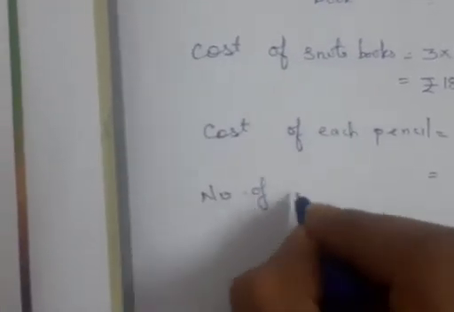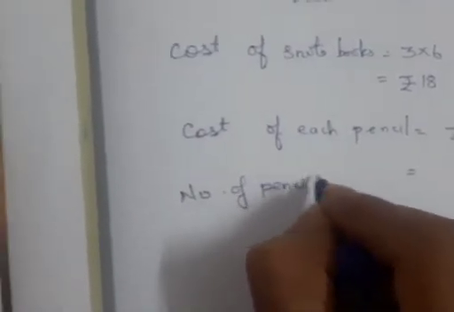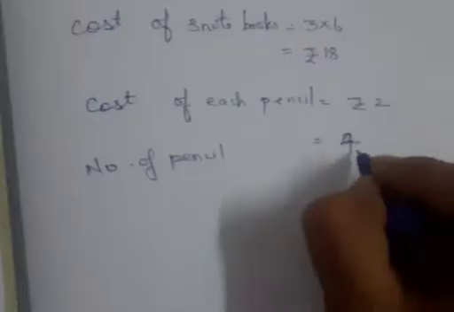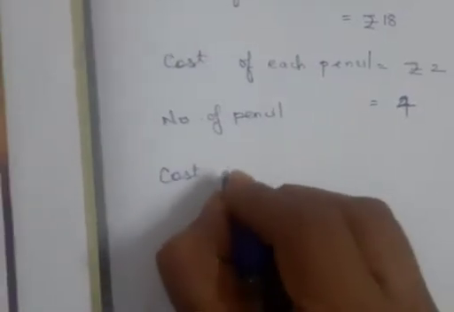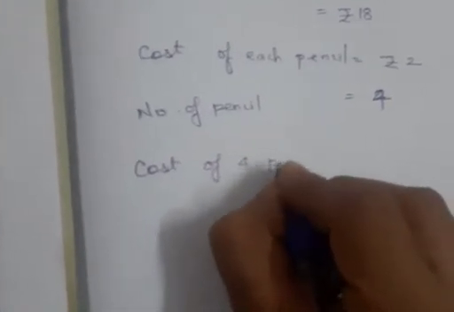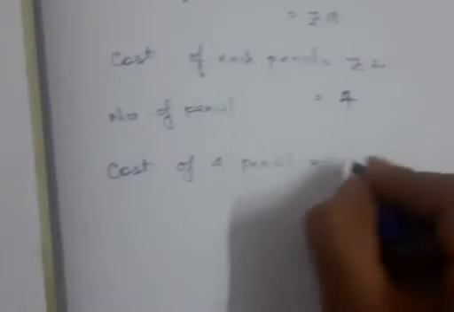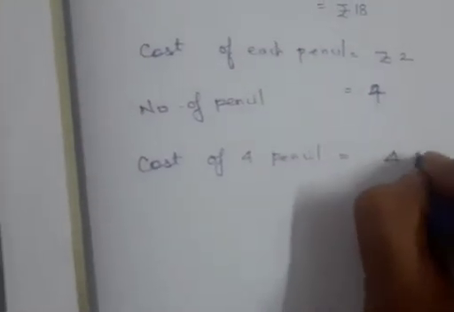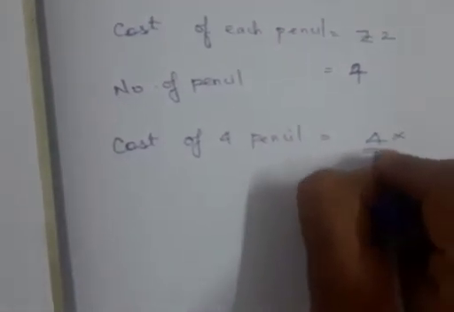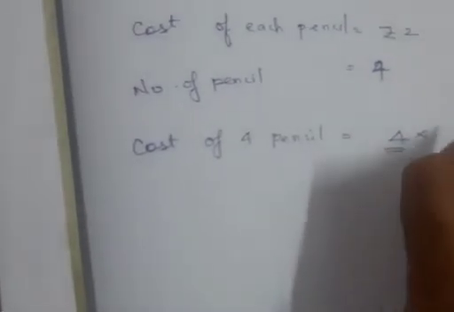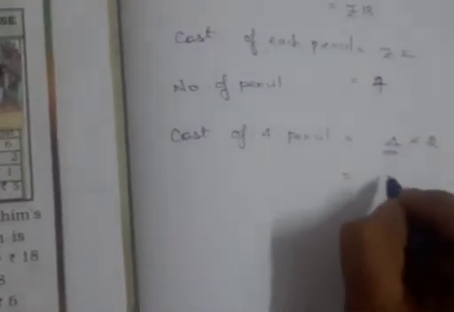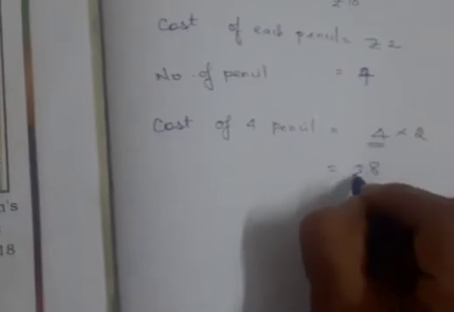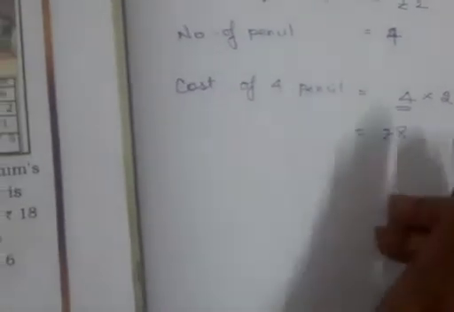Number of pencils he buys equal to 4. Now what we are going to find out is the cost of 4 pencils. We are going to multiply the quantity of the stationery item that he buys with the price of one pencil. So 4 into 2 is 8. So 4 pencils cost 8 rupees.